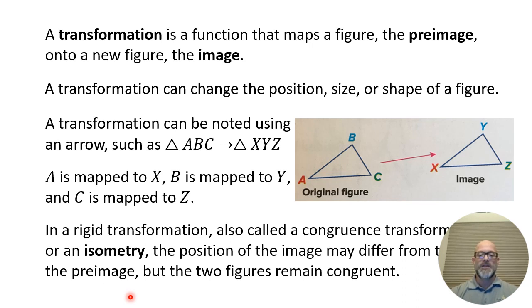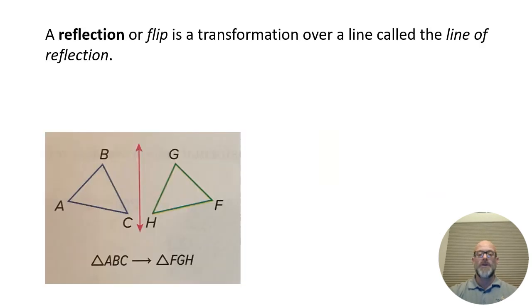In a rigid transformation, also called a congruence transformation or isometry, the position of the image may differ from the preimage, but the 2 figures remain congruent. Look over here. This triangle, the preimage, and this triangle, the image, are congruent. The transformation moved the object, but never changed its size. If you have a transformation that moves an object in some way, but doesn't change its size, we've got a rigid transformation. We're going to look at 3 types of rigid transformations in this lesson.